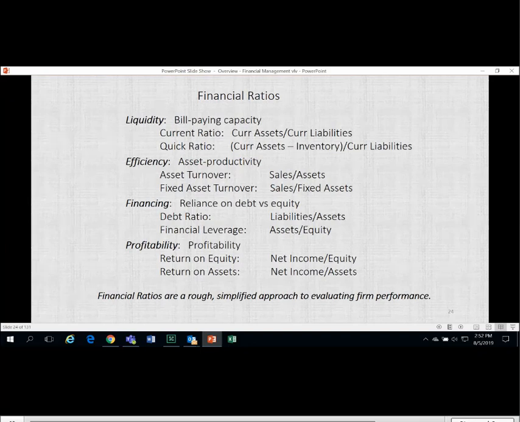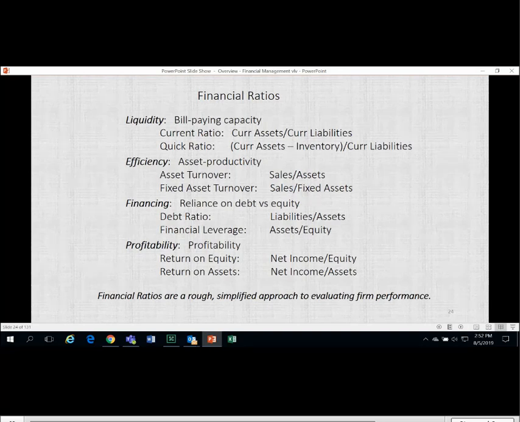Net income, that's their earnings on that equity. So if the ROE is 25%, the shareholders are earning 25% in an accounting sense. Another one is return on assets, which is just net income divided by assets. And sometimes that's used just to abstract from the degree of equity and debt financing.